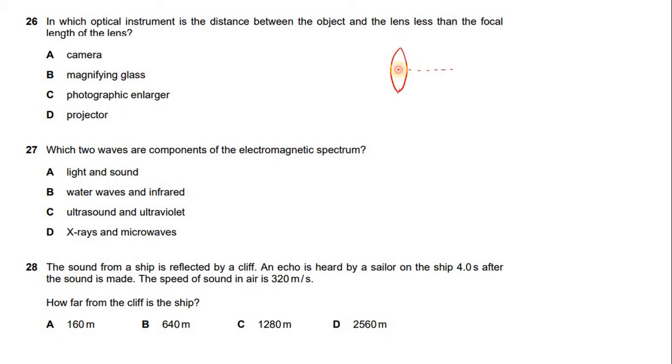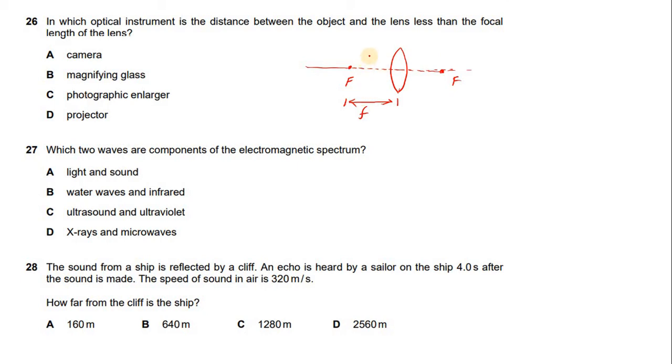This is the optical principal axis. Suppose this is the focus and this is the focal length. We have another focus on the other side. You can consider F. Now, the object distance is less than the focal length.